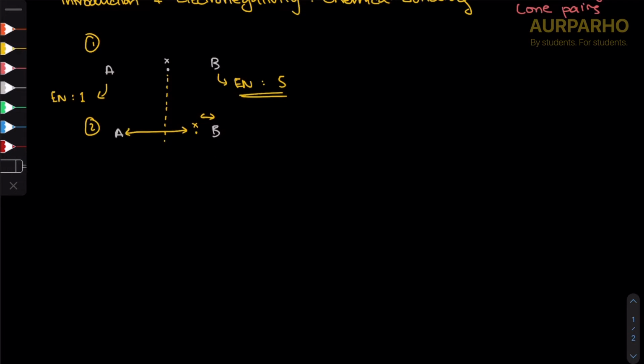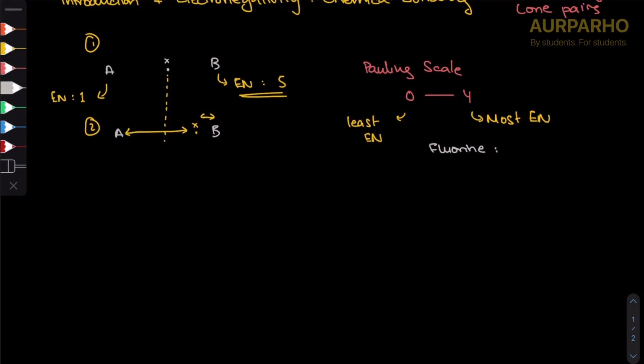Just some extra information, it's measured on the Pauling scale, which is a scale that goes from 0 to 4, and on this scale, 0 is the least electronegative you can get, and 4 is the most electronegative you can get. You don't have to remember this, eventually you will just recognize it through conceptual understanding, but fluorine is actually the most electronegative atom.